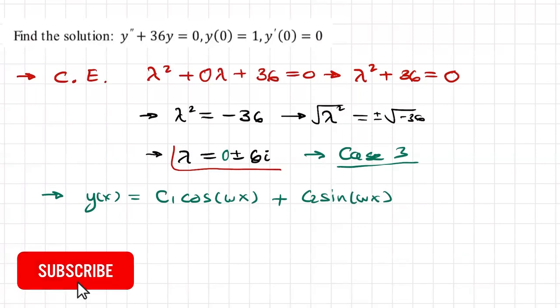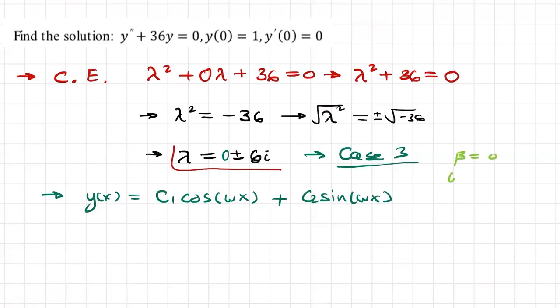So once again, let's identify. For this one, we get that beta is equal to 0, omega is equal to 6. Once again, it's just the number in front of the i. This is just the following.